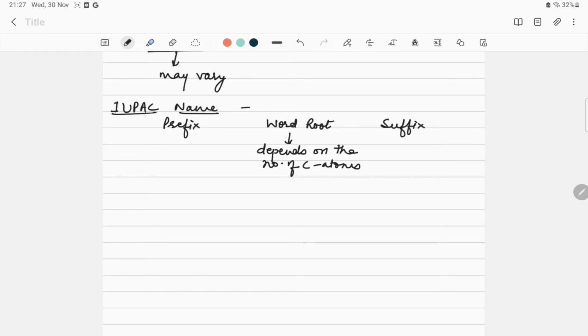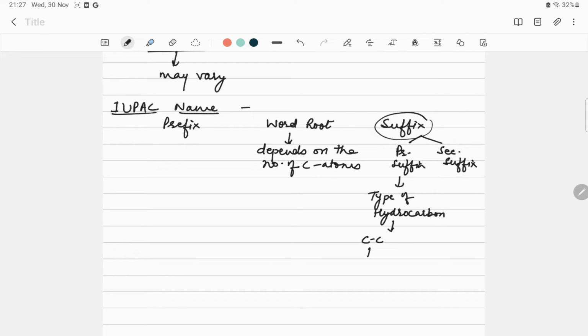Now, what about the suffix? Suffix can be of two types. It may be a primary suffix, or it may be a secondary suffix. As the name indicates, the suffix comes after the word root. Now, the primary suffix always depends upon the type of hydrocarbon. What does it mean, type of hydrocarbon? Whether it's a carbon-carbon single bond. If there is a carbon-carbon single bond, it means it's an alkane.